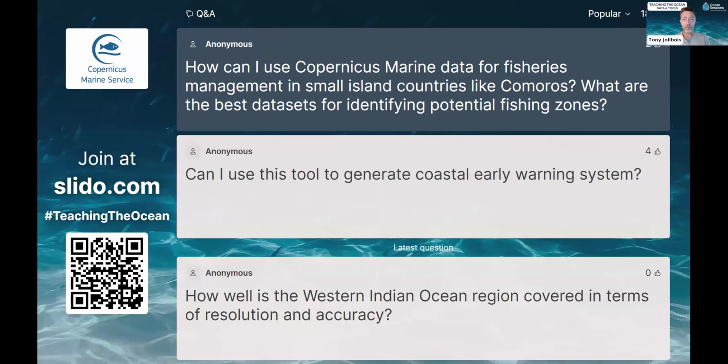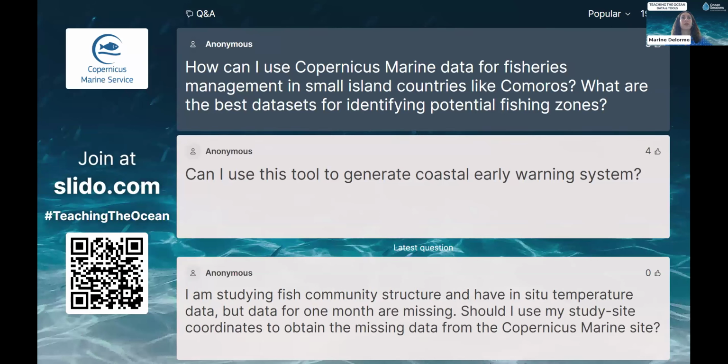But just regarding the small island countries, our data sets have a good resolution, but not so high to work on very small areas. So it's a good advice, yes, Marine, to ask Blue and the user support for that kind of question.